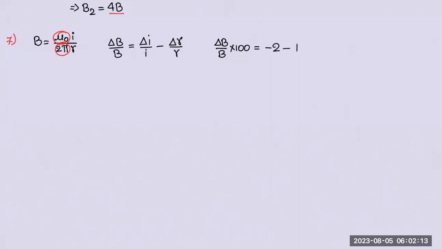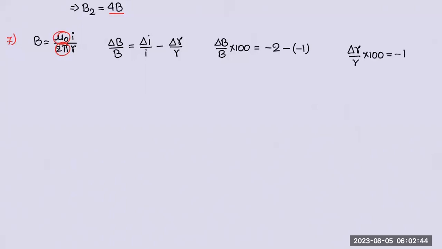So what is the answer? Current decreased, good, and the point is brought 1% closer. Closer means decrease in length, so it will be plus. Observe carefully: this minus sign is because R is in the denominator. Delta R by R into 100 must be equal to -1, because the point is brought closer to the wire, meaning R decreases.